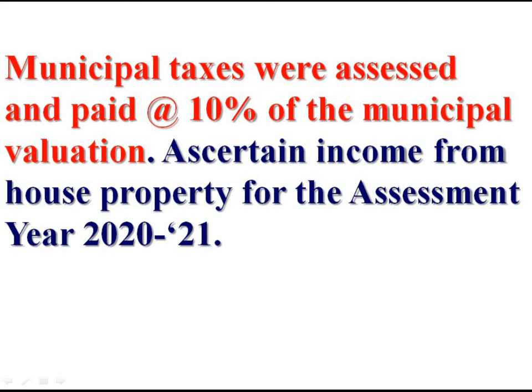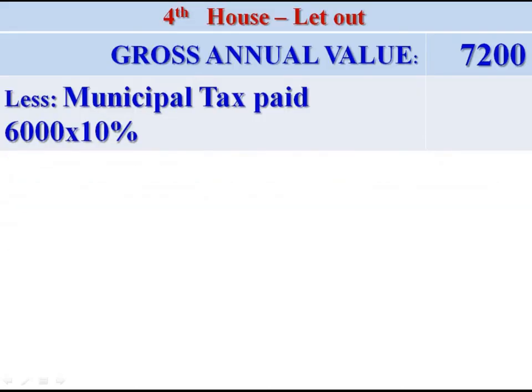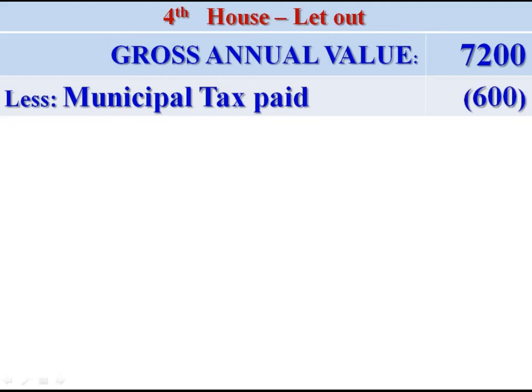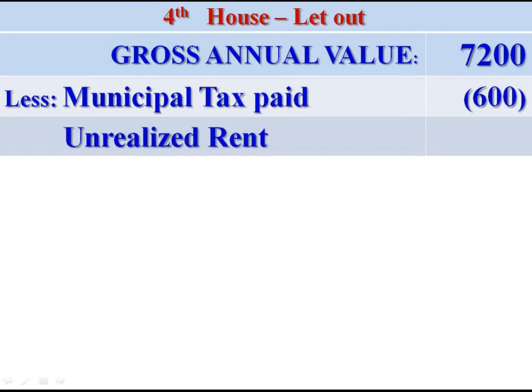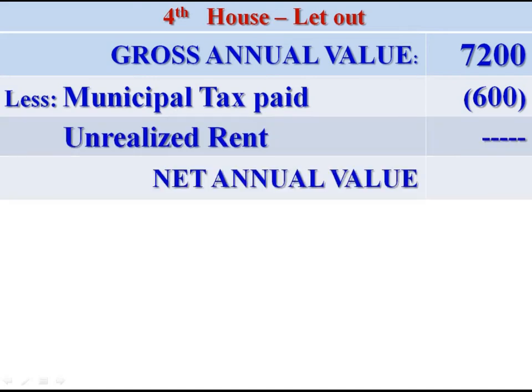Here it is given municipal tax was assessed and paid at 10% of the municipal valuation. The municipal value of the fourth house is rupees 6000. Therefore, municipal tax paid being 6000 into 10%, 600. There is no unrealized rent. Now we get net annual value 6600.